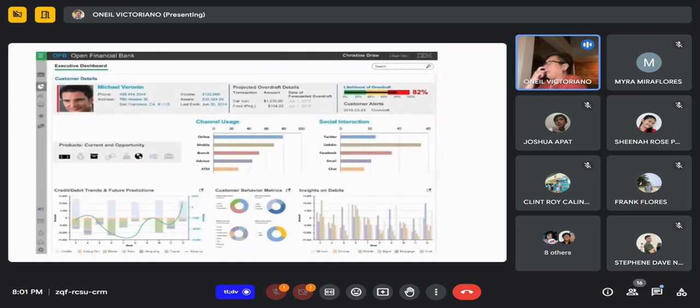Just an example, in the credit riskiness, you are able to have a dashboard over the client. And from here, you have a lot of data, like looking into social channels, social interactions. You have debit and credit terms for predictions, behavior metrics, insights for debts, and there would be insights sa taas.